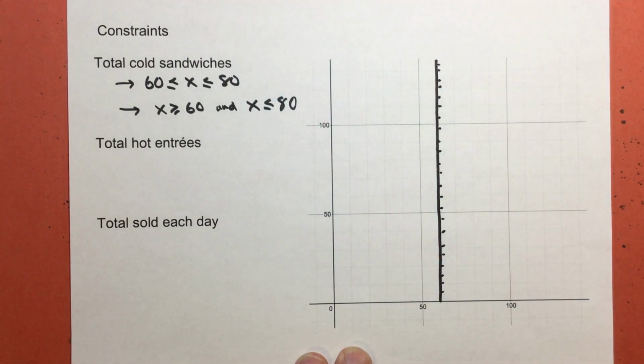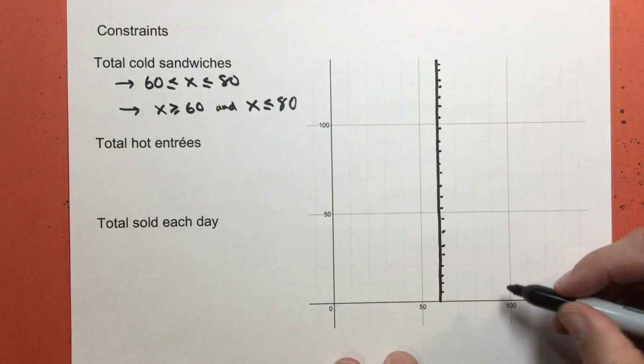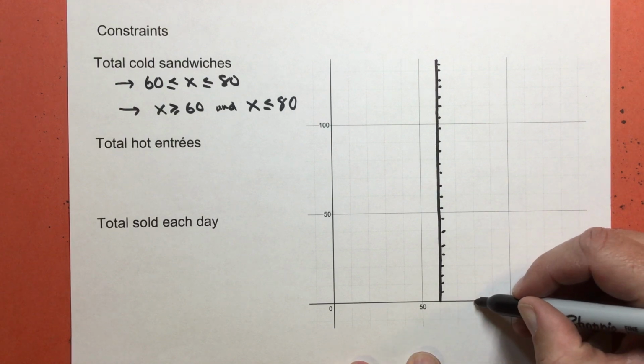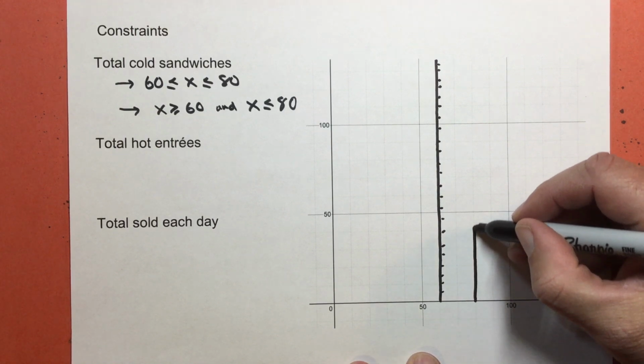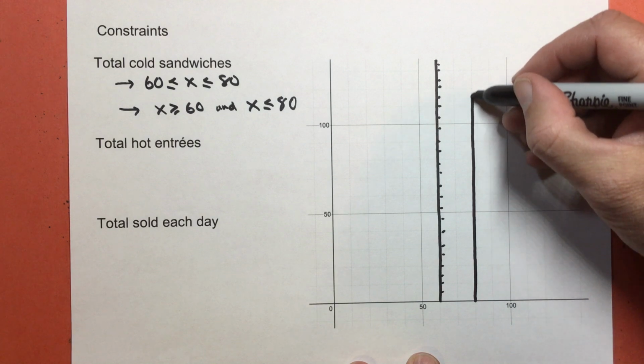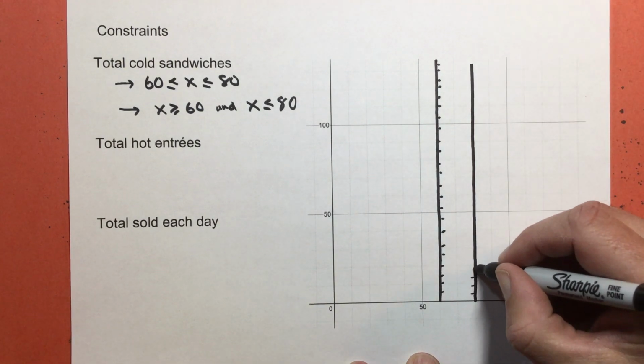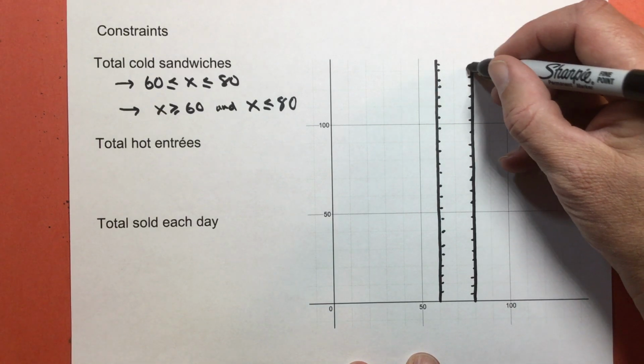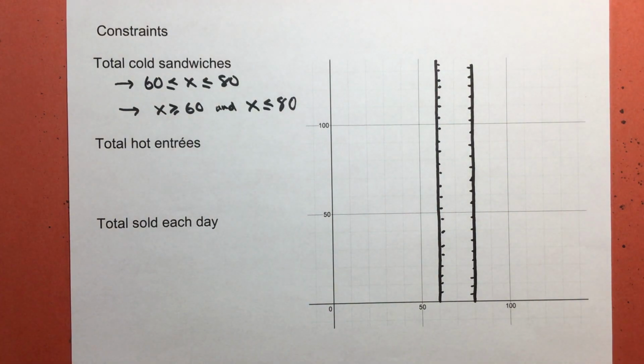Eventually, when I get all my constraints done, I'll know how to shade the whole thing. x is less than or equal to 80. Here's 60, here's 70, here's 80. So that's a very small, narrow range that I have there. So it's going to be somewhere between this. It's going to tell me how many cold sandwiches I have.